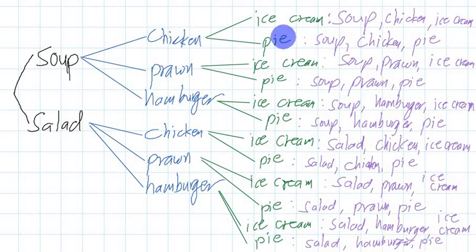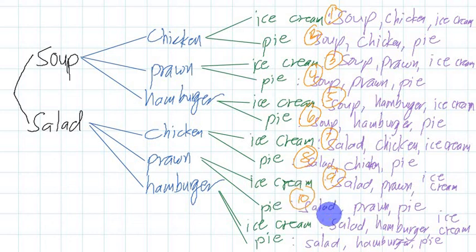So counting that off, we have 1, 2, 3, 4, 5, 6, 7, 8, 9, 10, 11, 12. So we have 12 possible ways of choosing our dinner.